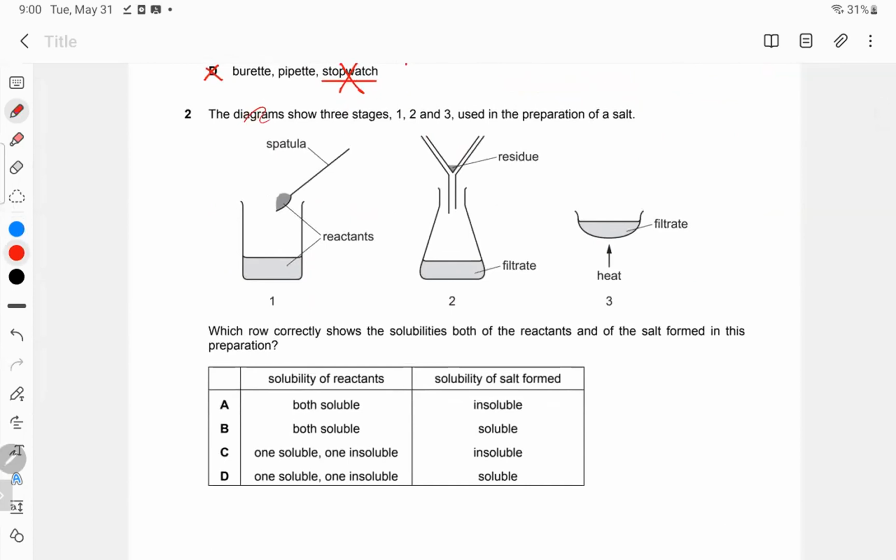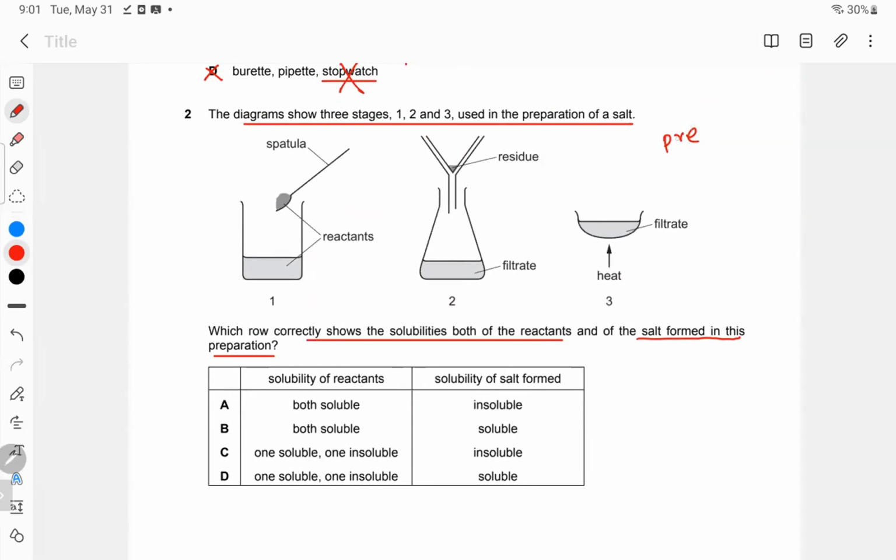Okay, question number 2. The diagram shows 3 stages, 1, 2, and 3 used in the preparation of salt. Which row correctly shows the solubilities both of the reactants and of the salt formed in this preparation? So the method is showing that it is a precipitation method, right? Because we are doing the filtration.